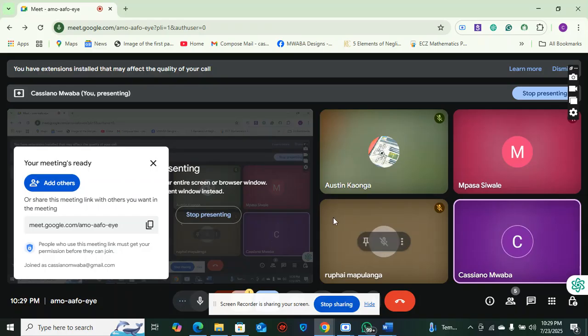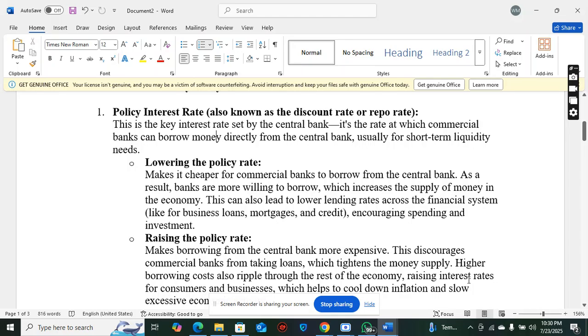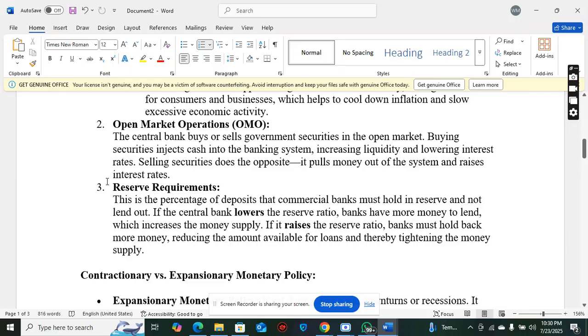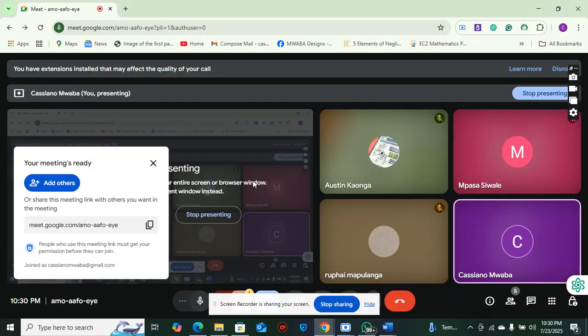And then finally, the third tool is the fractional reserve ratio, which is the reserve requirements. This fractional reserve ratio or the required ratio is the amount of money a commercial bank keeps when you deposit money.